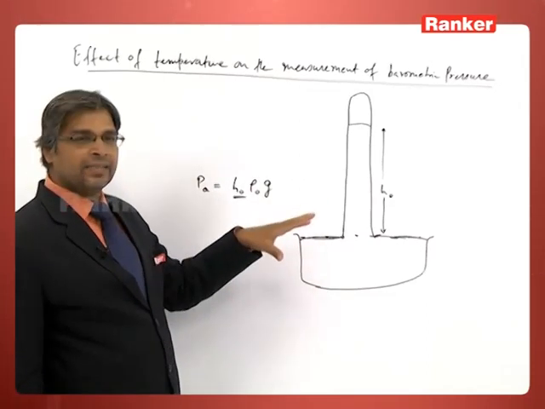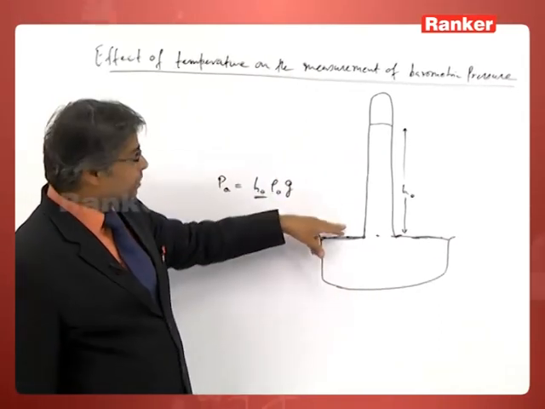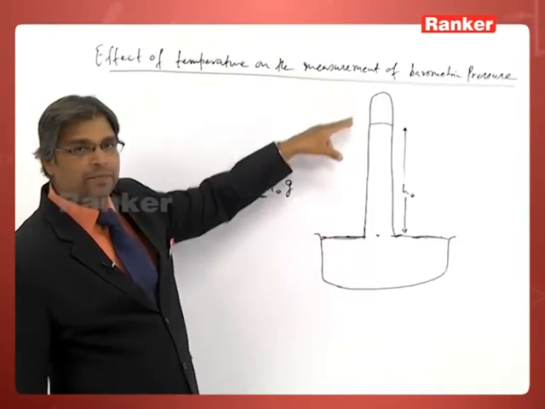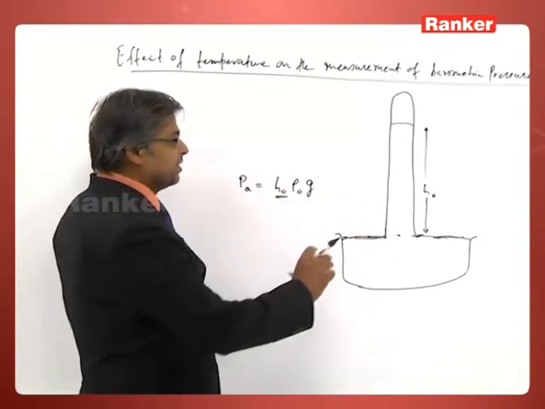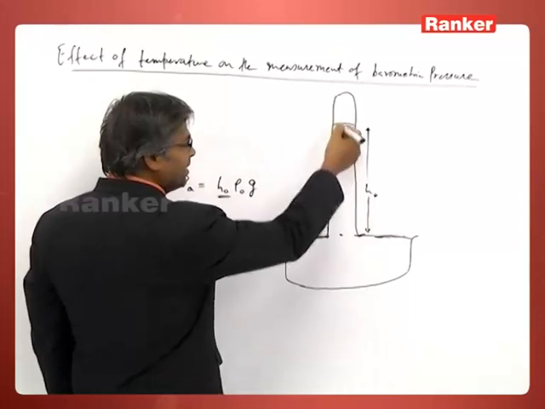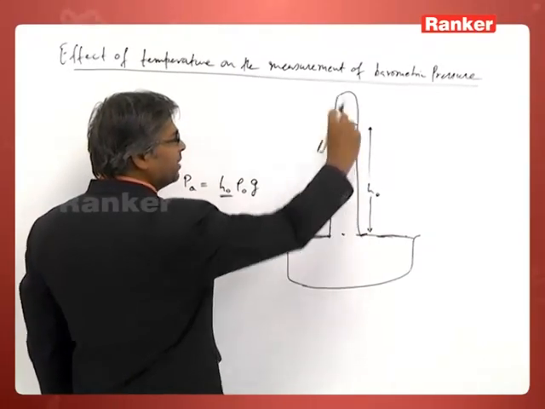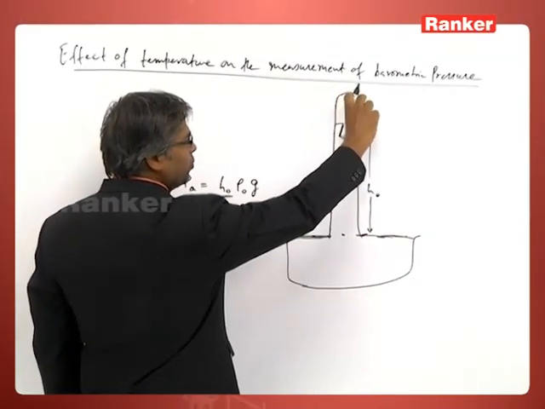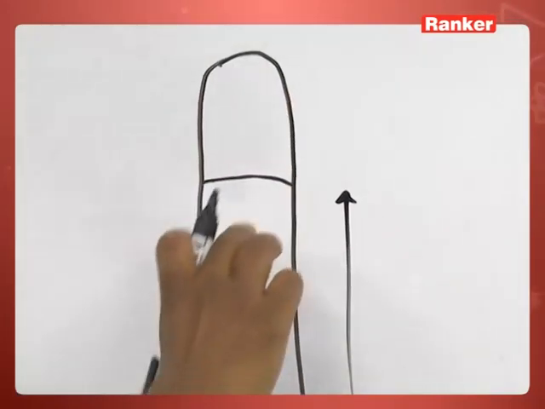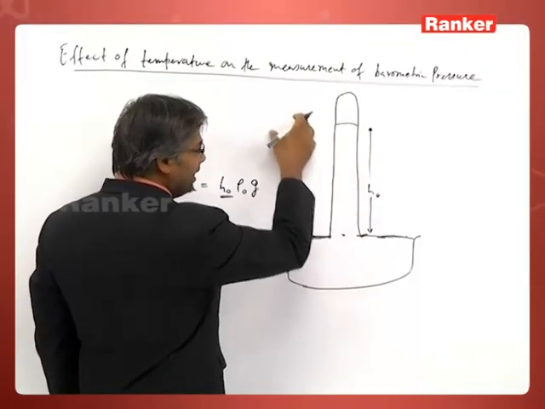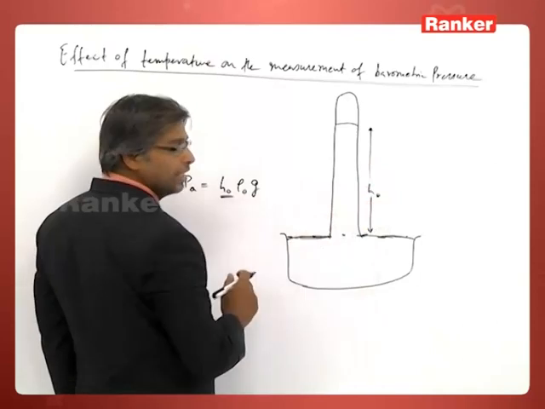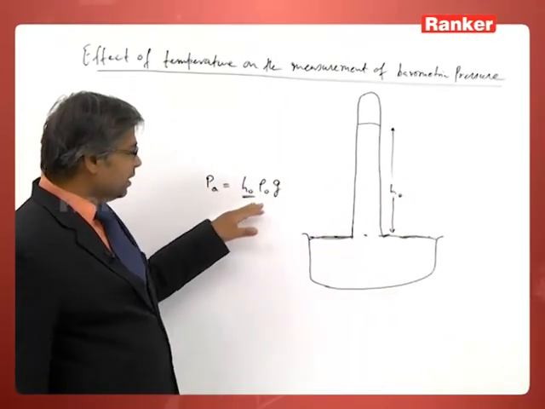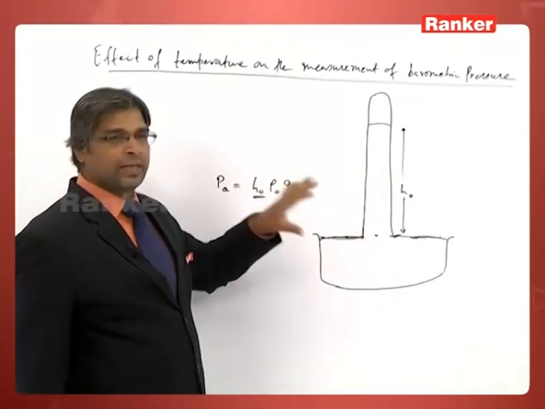Atmospheric pressure here is 76 cm of Hg. So, if the tube is 1 meter, then 760 mm of Hg means 76 centimeter is this height, and this distance, 100 minus 76, is how far the mercury falls. This column of mercury supports the atmospheric pressure. So, this is how a barometer works.